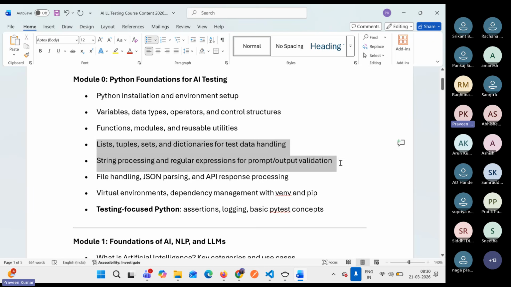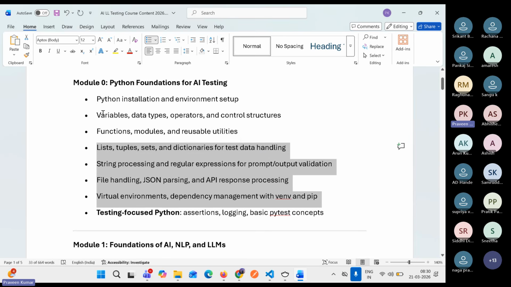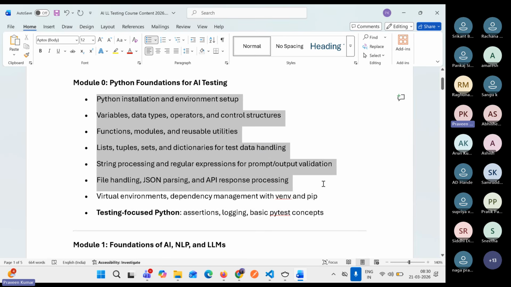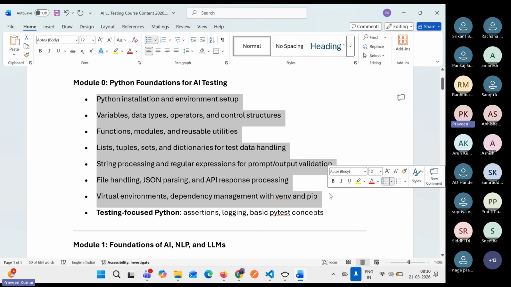How do you get data from a JSON file, some kind of file handling, Excel file, PDF file, and so on. Virtual environment setup, and so on. So the basic focus here will be the different topics that you will generally use inside your test automation, covered as part of Python fundamentals for AI testing.